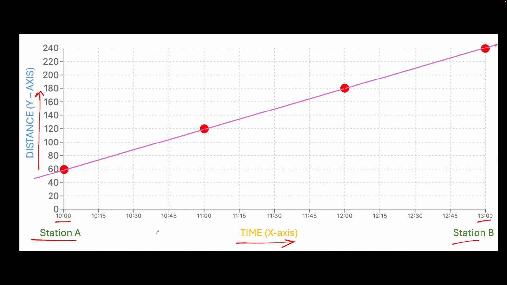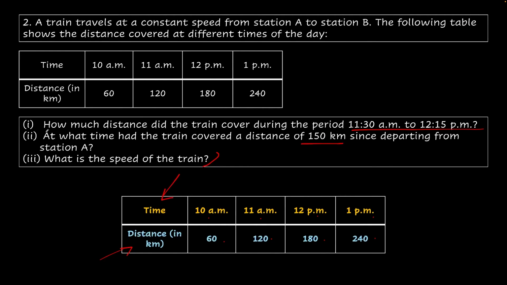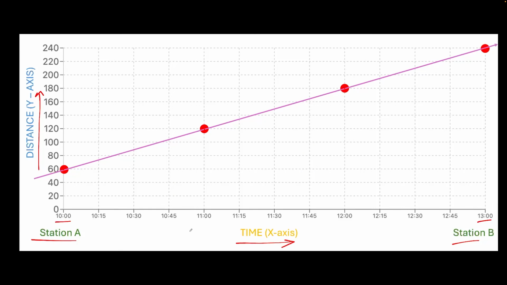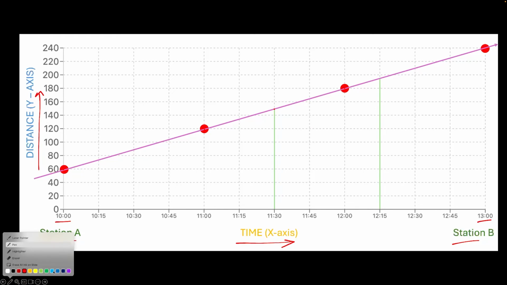Now let's answer the questions. The first question is, how much distance did the train cover during 11:30 a.m. to 12:15 p.m.? From 11:30, let's drop a line to see what distance it has covered till then. At 11:30, the point is over here, and we need to drop another line to this side. And this is 12:15, and we need to drop another line to that side. Let's see what we get when we drop lines.